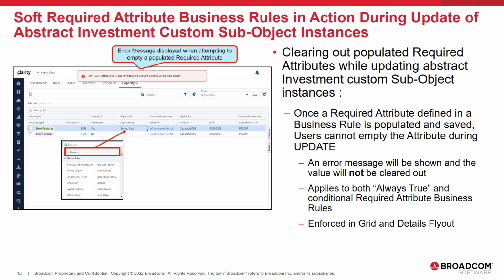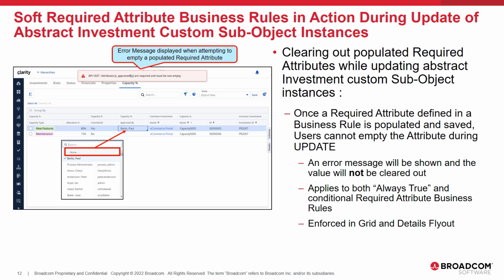Let's say, for example, that we have a record, a sub-object instance, where all the required fields have been populated. If any user goes in and tries to null out or clear out any of those required attributes, regardless of whether they are always true required or conditionally required via business rules, the user will not be allowed to null or clear out those values.